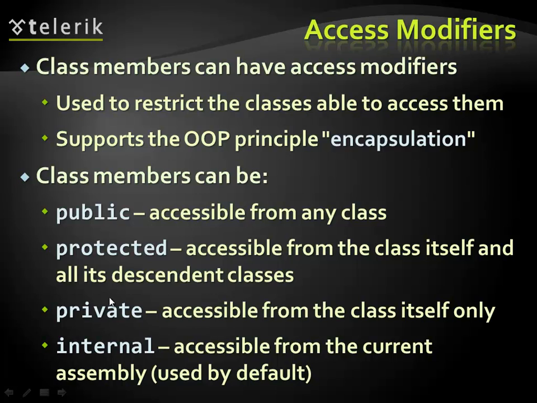Then we have the private ones, which are not accessible to anyone, only inside your class. Like those fields that we saw. If you're managing something and you think nobody should access it, then put it on private. Protected is accessible from the class and from other classes which inherit the class. And that's about it.